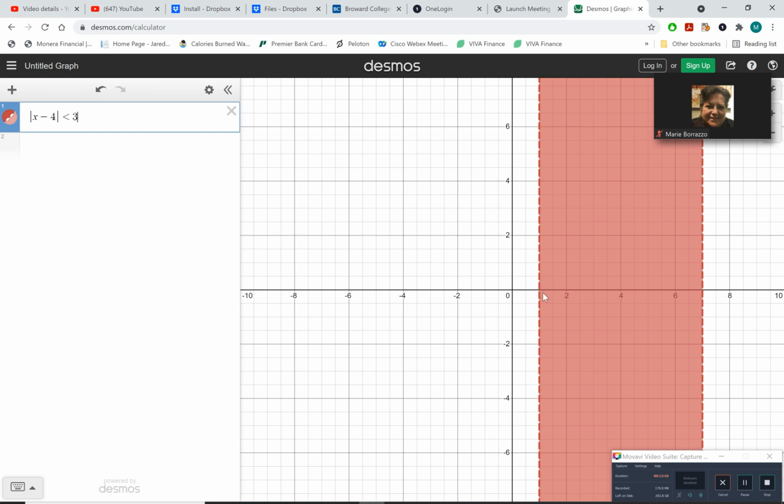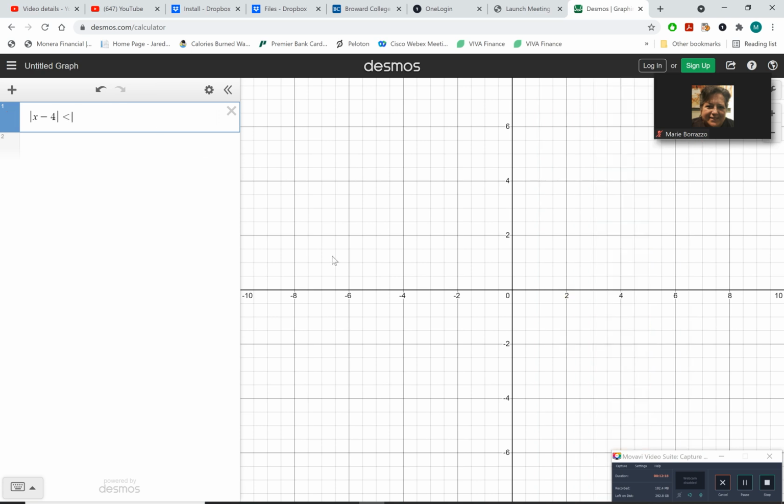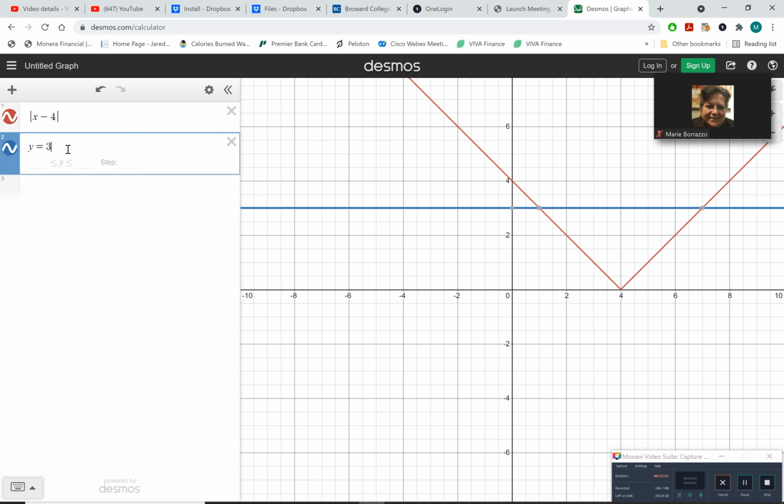Let's take a look at this graph. So we look at our original graph. Notice that I kept the less than 3 out, so I'm actually going to change this to where y is equal to 3, because technically that's what is being graphed.